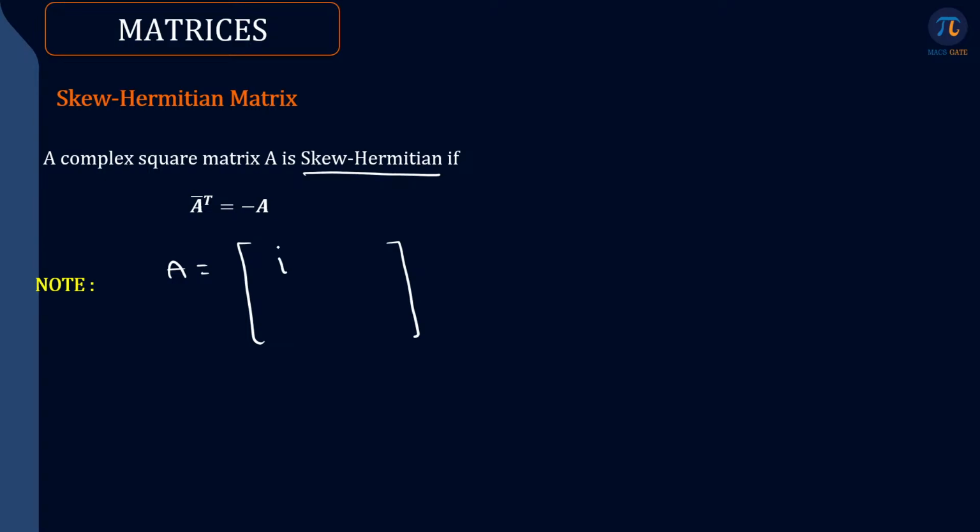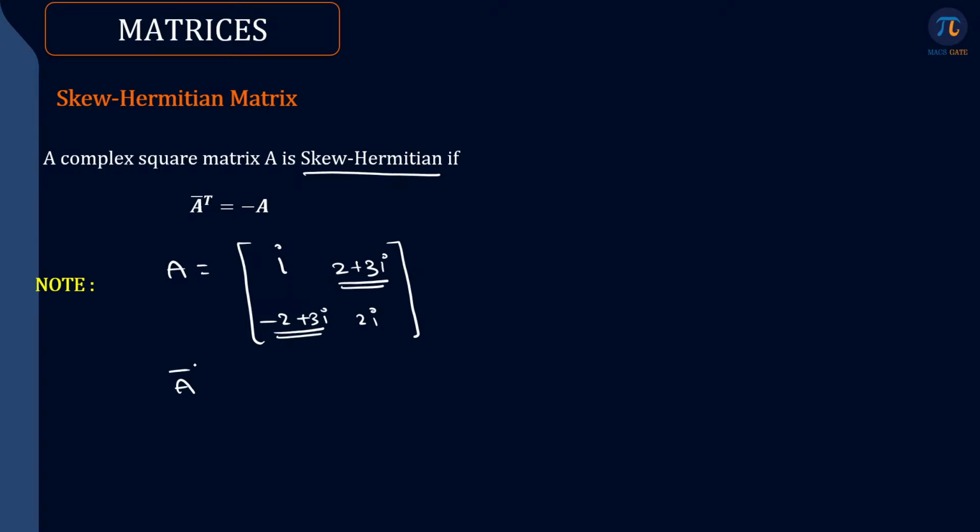So let me keep it like i, 2i. And what about the off diagonal elements? They must be minus conjugates of each other. Suppose it is 2 plus 3i: the real part sign will be different, the imaginary part is the same here. So we call them minus conjugates.